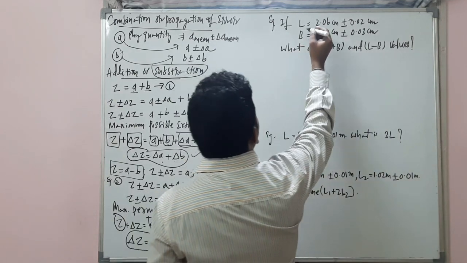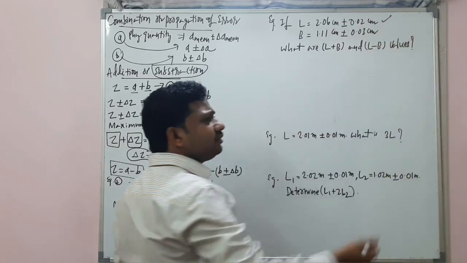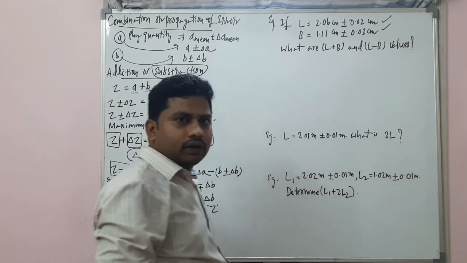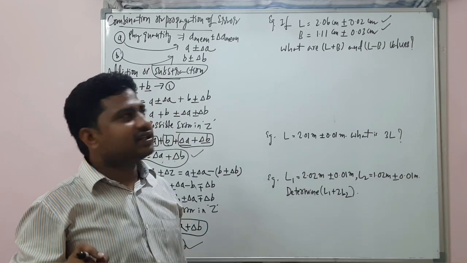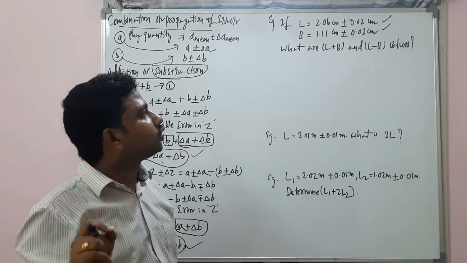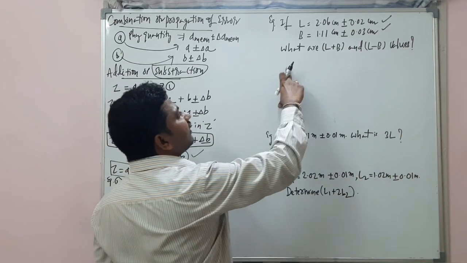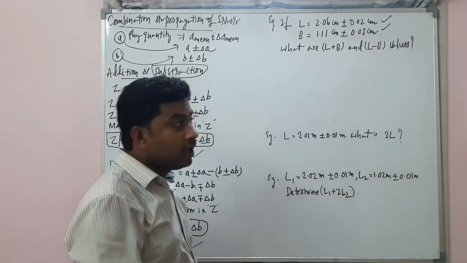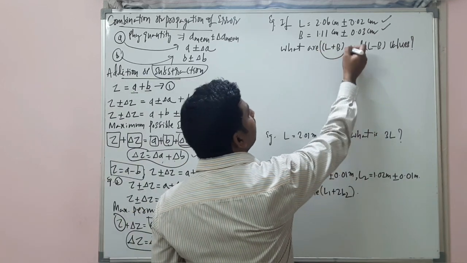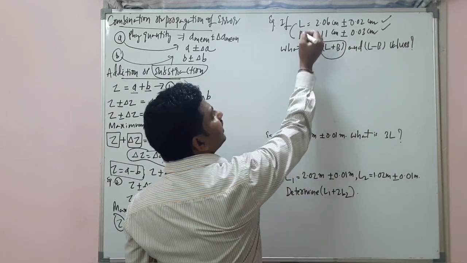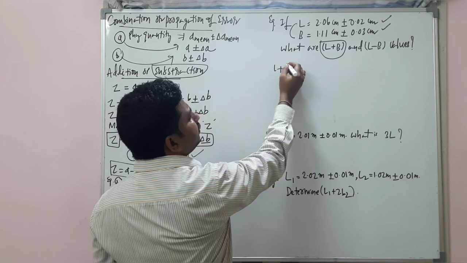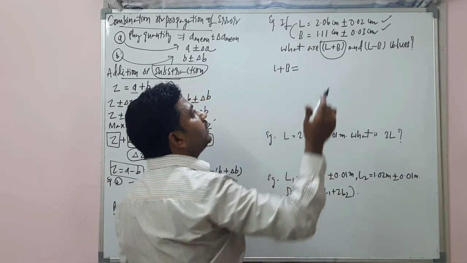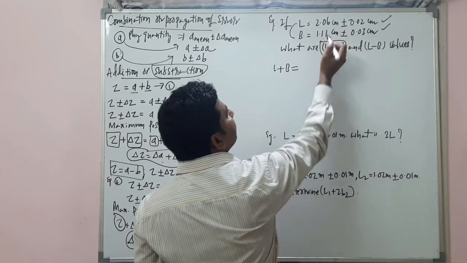If L is given, maybe L may be the length, B may be the breadth. If L is given as 2.06 centimeters plus or minus 0.02 centimeter and B is given as 1.11 centimeters plus or minus 0.03 centimeters. When L plus B, when these two physical quantities are added, what is to be done? The mean values need to be added directly.